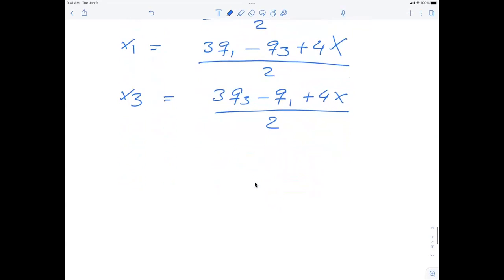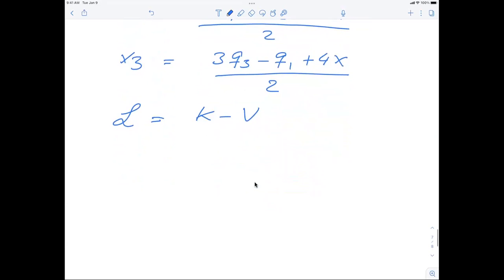When I set up the Lagrangian as K minus V, by the way, you are not going to get something like this for the final project. I've never been very fond of these kinds of manipulations, but it's useful to have seen them.